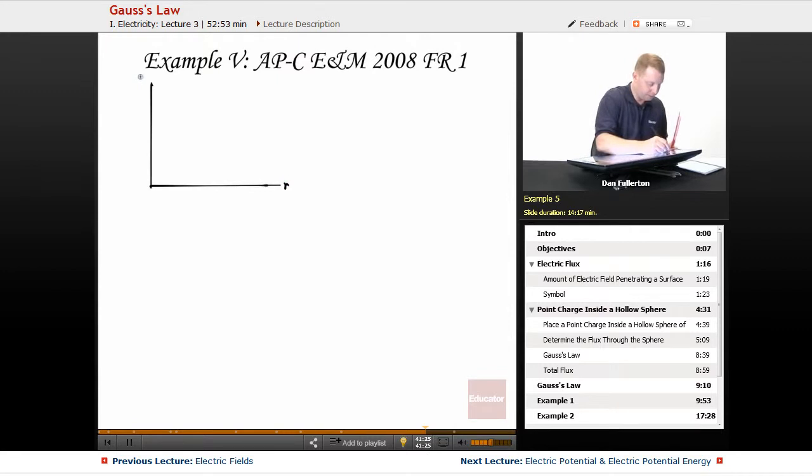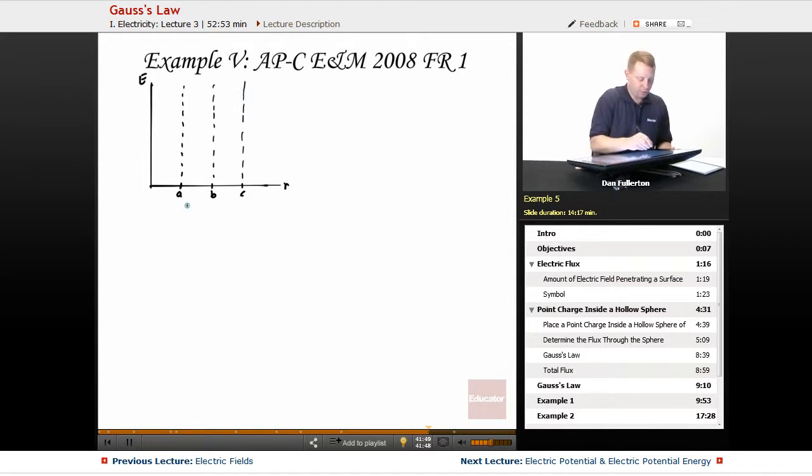There's our R. There's our electric field. And let's make a couple marks here for A, B, and C, just to help us delimit where things are in the graph. A, B, and C.